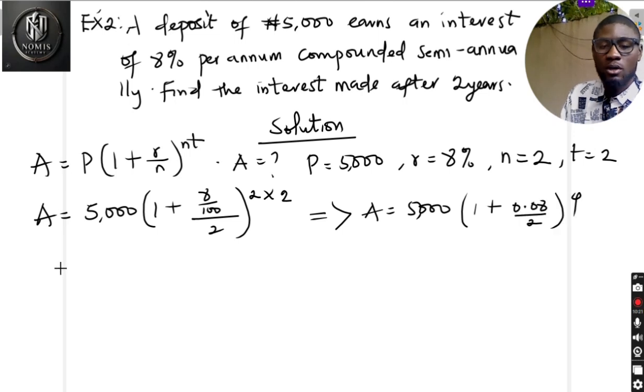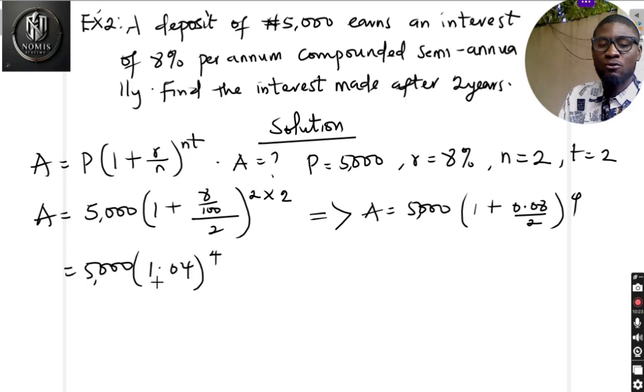So 0.08 divided by 2 is 0.04, plus 1 gives 1.04, all raised to the power of 4.